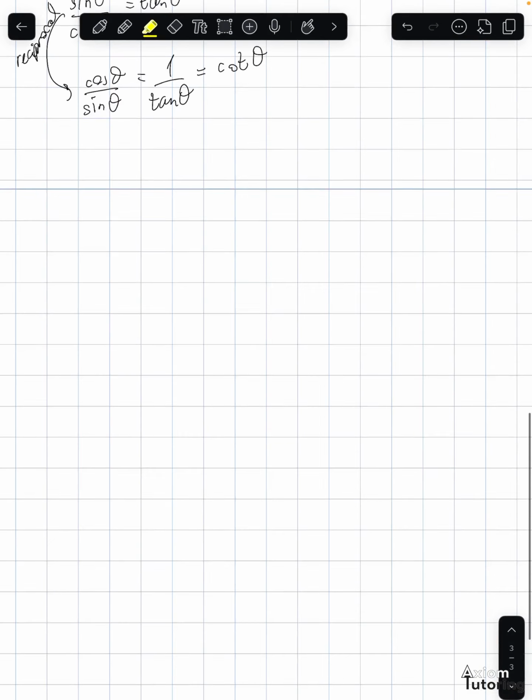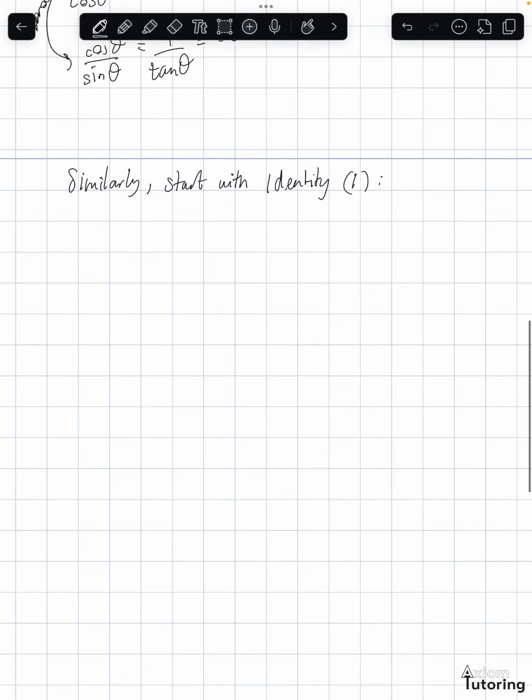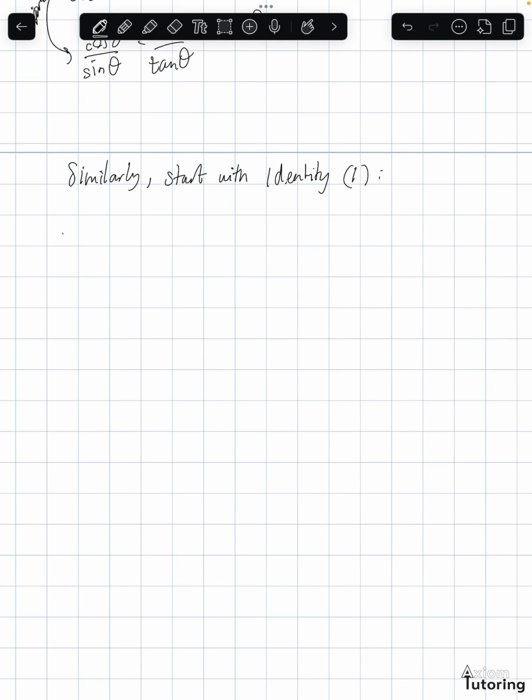Okay, now again we're going to start with identity 1, but this time we're going to divide each term.